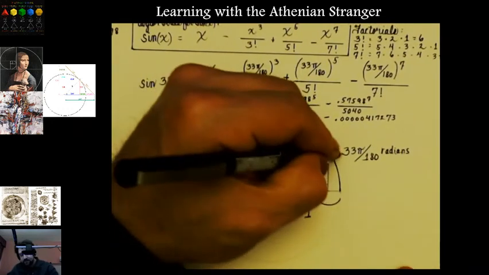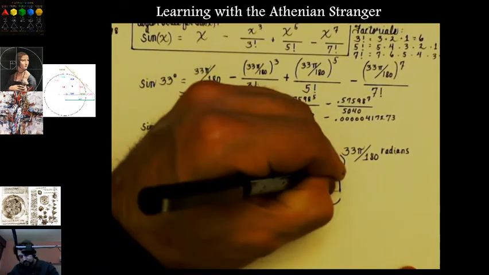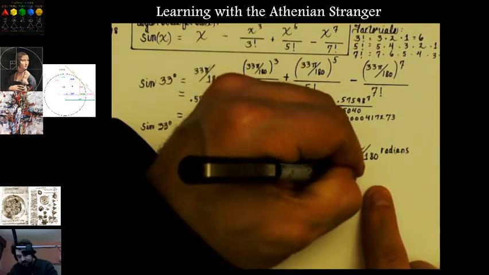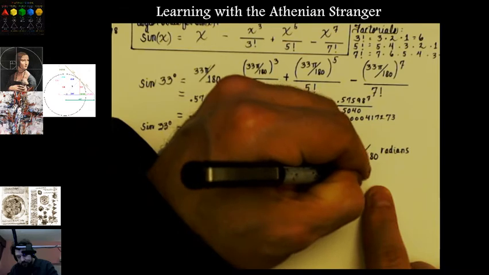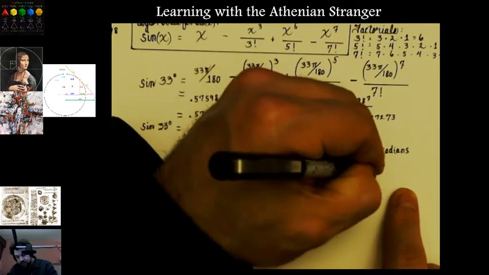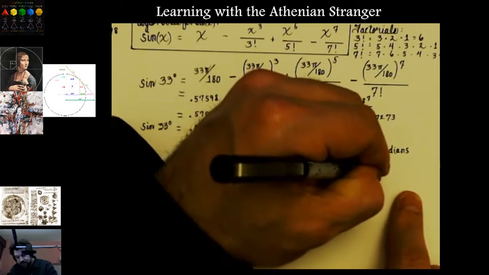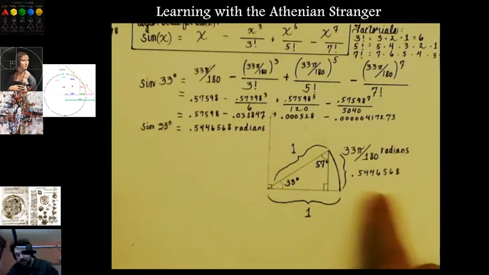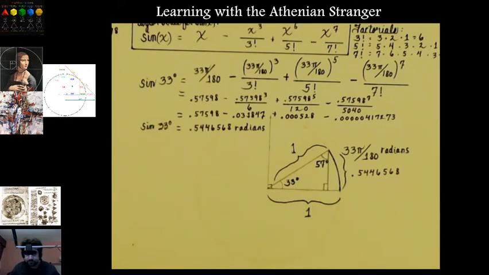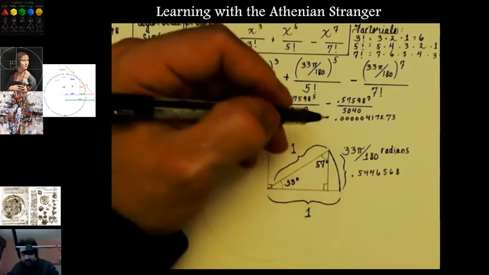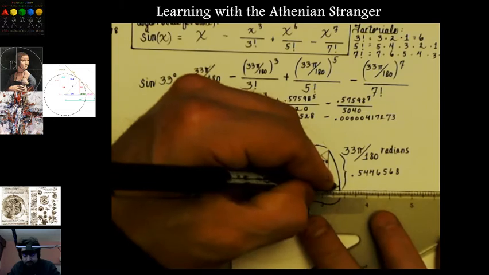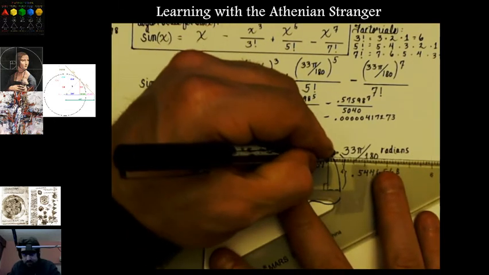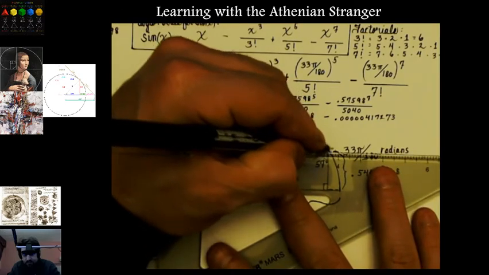So this distance right here is equal to 0.544658 radians. Now, keep in mind, I'm going to make this very clear. What I'm pointing out on this distance here is not the radian for the arc.